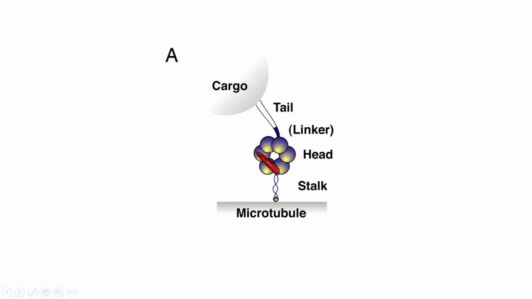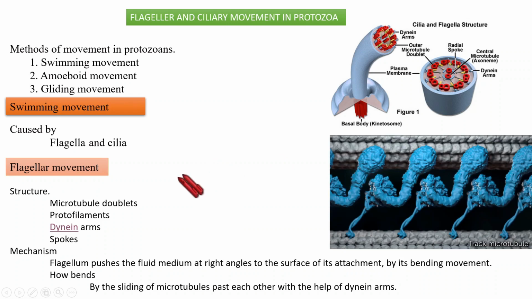This is a dynein protein, and it has a stalk, a head, and a tail. Using the tail, it carries cargo or attaches to something, and using the stalk, it attaches to the other microtubules. In this picture, in very small size, we can see the dynein between the microtubule duplexes.